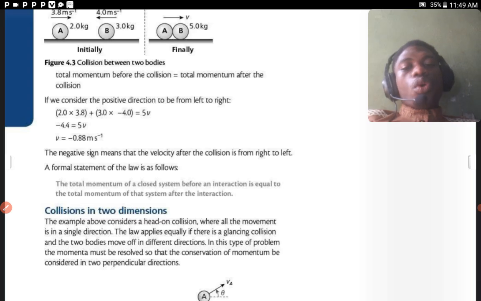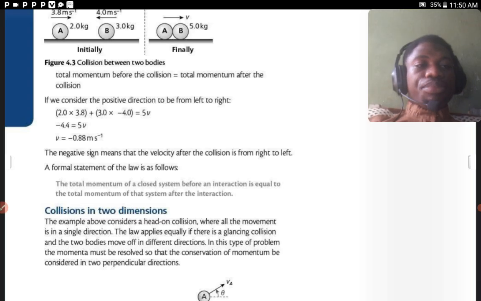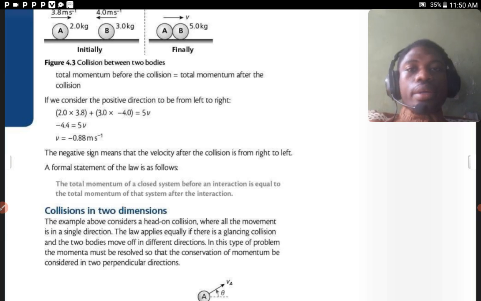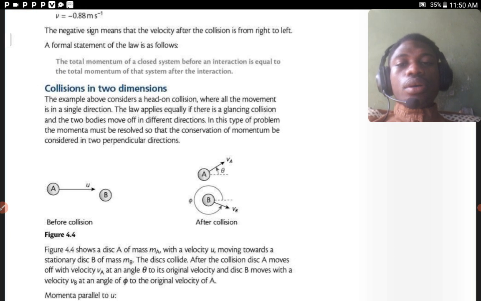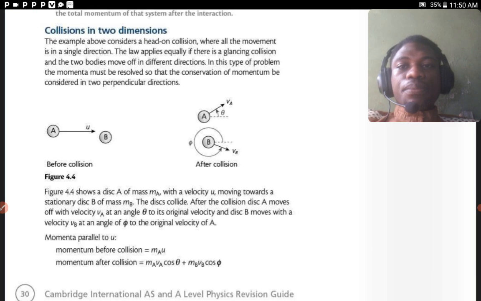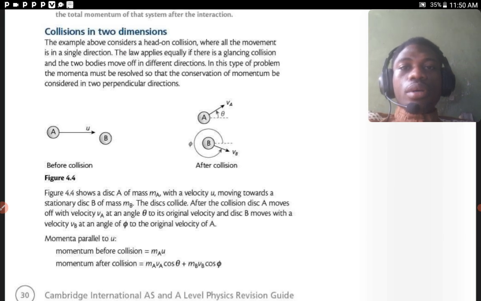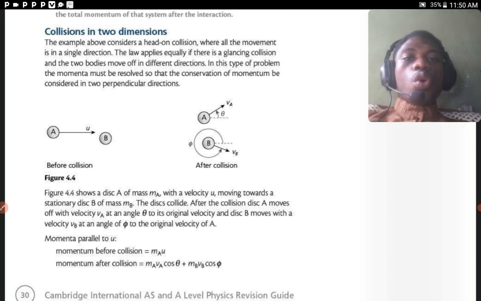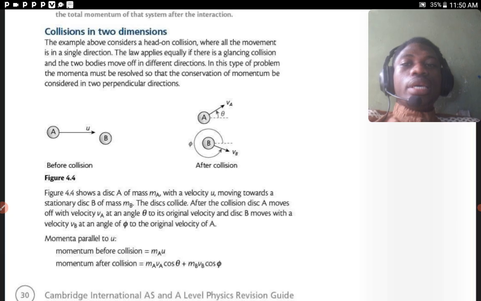Now, I want us to also look at collisions in two dimensions. Good. For example, let's consider a head-on interaction or head-on collision where all the movement is in a single direction.